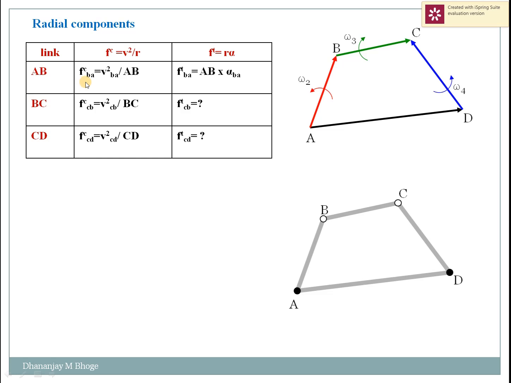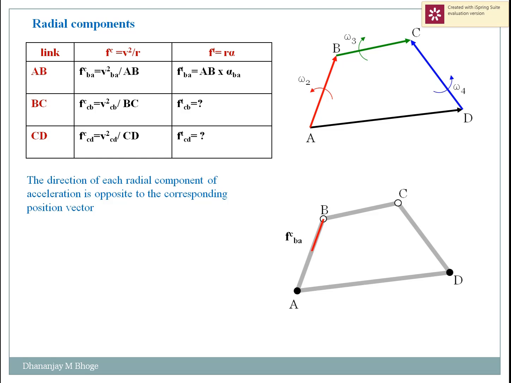For link AB, we are assuming that B rotates about A. So the centripetal acceleration of B relative to A is this much in magnitude. When B rotates about A, its radial acceleration will be from B to A, along the radius of rotation AB and towards the center of rotation A. This is FCBA.